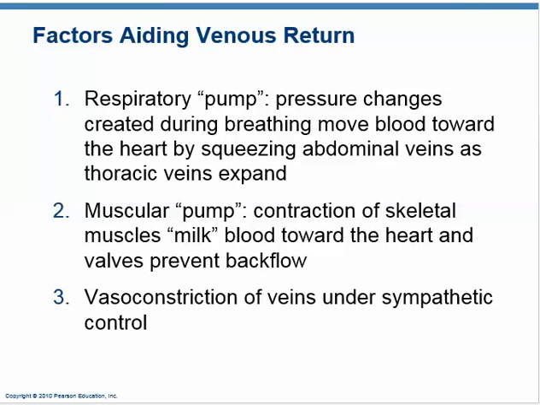Another thing that happens is that when you use skeletal muscle, they contract, they'll squeeze blood vessels, and because of the valves, it pushes blood towards the heart. It puts the venous blood under higher pressure while the contraction is happening, which squeezes the blood towards the heart.